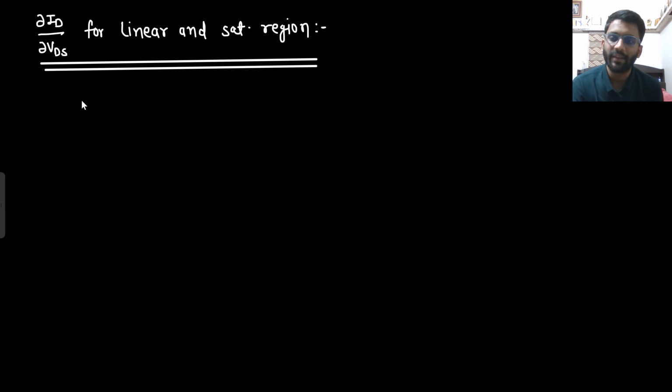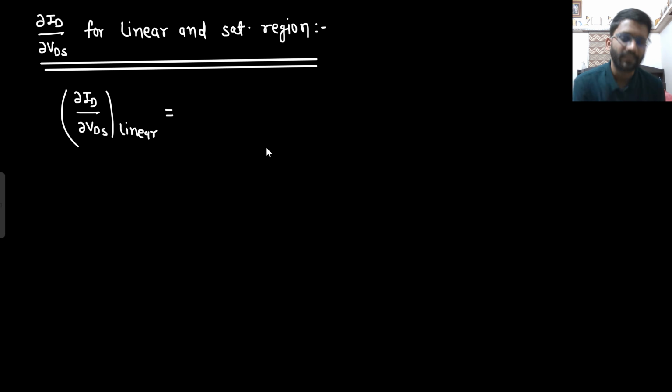So what is del ID by del VDS for linear region? In linear, or rather in deep triode, we should check, because we wrote the expression for deep linear, not for linear.